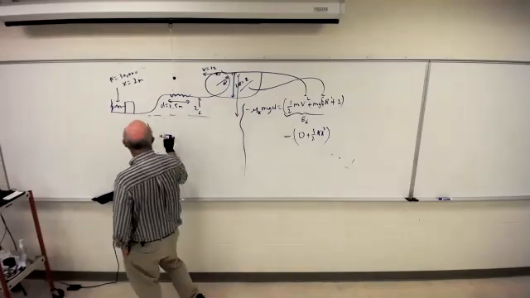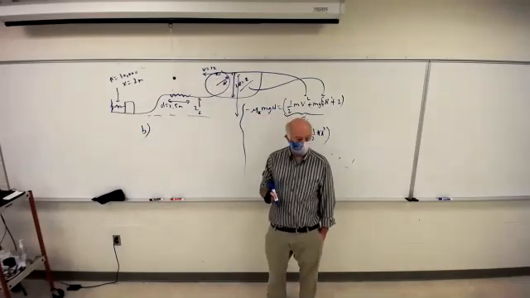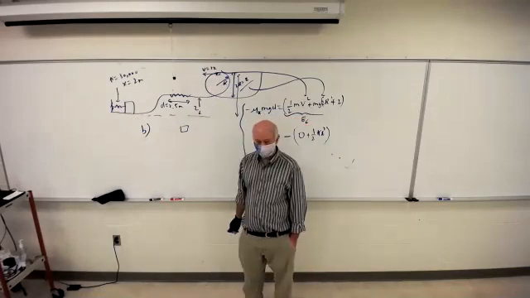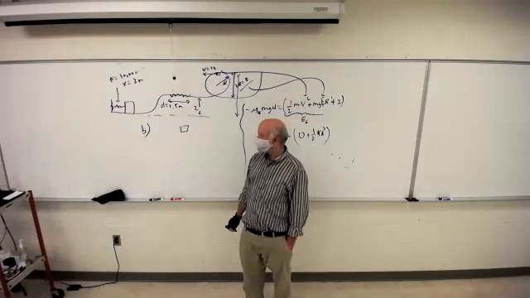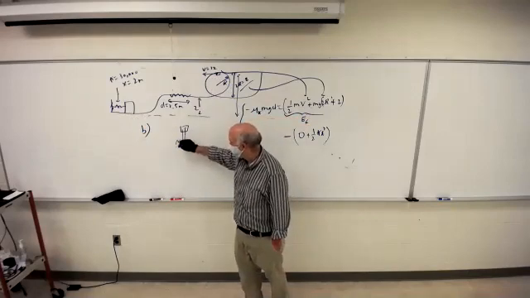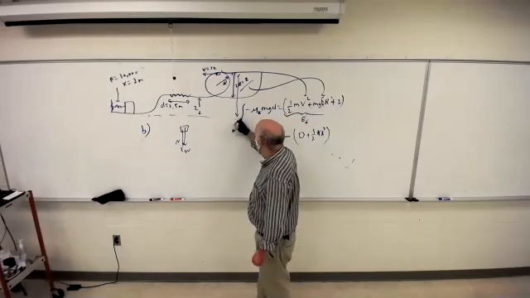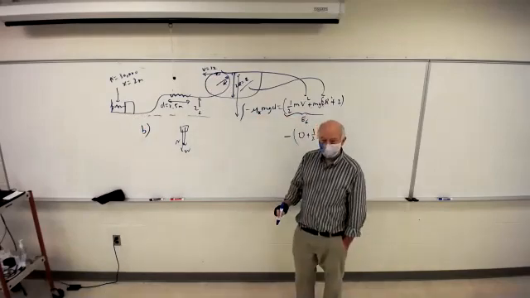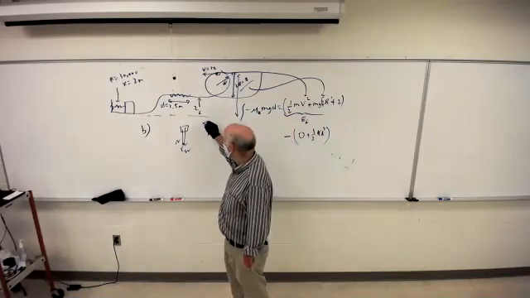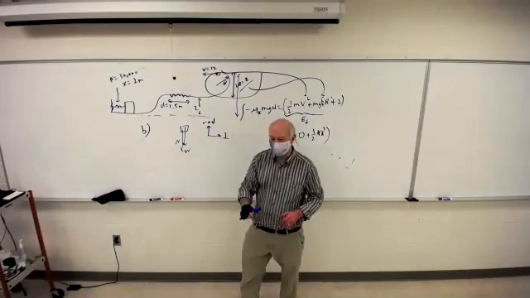Some of it's true. Okay, so the next part is find the normal force here. How do you find the normal force? Draw a free body diagram. What are the forces on it? Normal and weight. How do you know it's a circular motion problem?